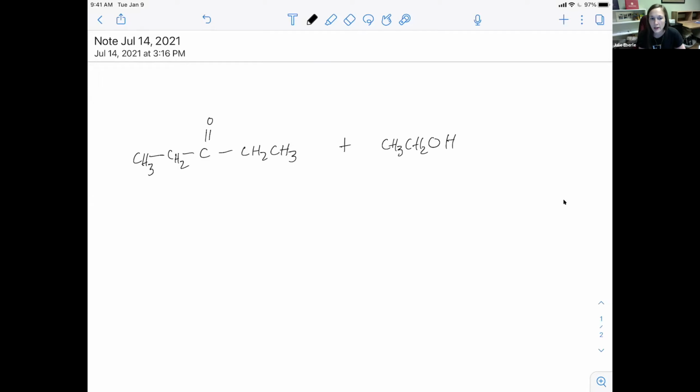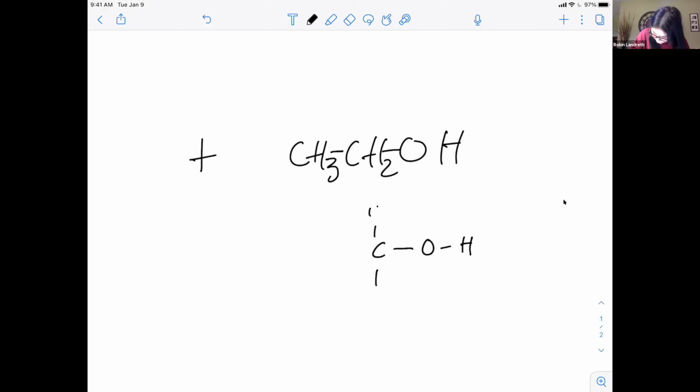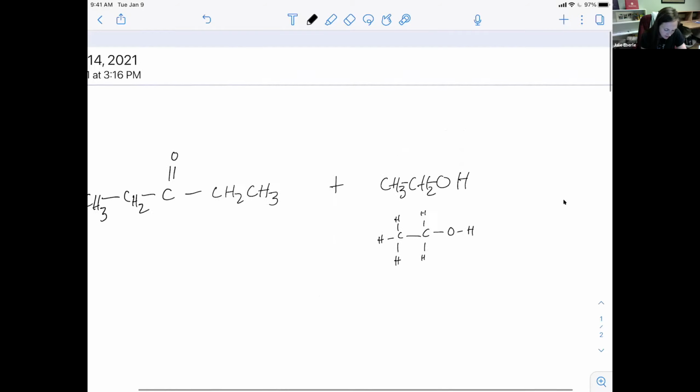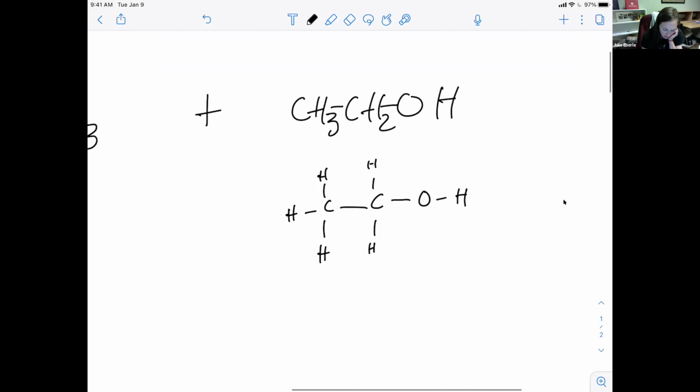Okay? So we said this is a ketone and an alcohol, so we're going to form a hemiketal. If I wanted to bond this alcohol, where am I going to break this alcohol apart? So I've got a bond there, a bond between the carbon, if I just draw this out. Which bond am I going to break so that I can take a portion of this alcohol molecule and bond it to my carbonyl carbon? Where am I going to break this alcohol?